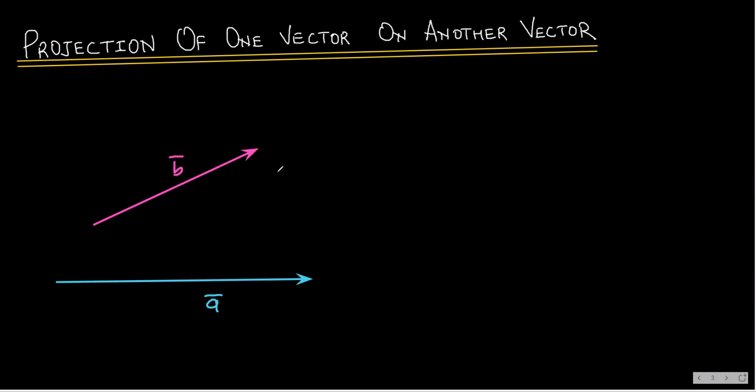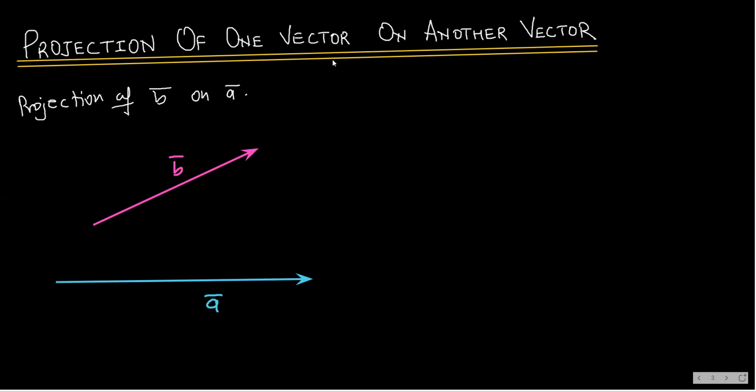What is the meaning if I say here projection of vector b bar on a bar? I write here projection of b bar on a bar. So what does this all mean? What is the meaning of projection of b bar on a bar?